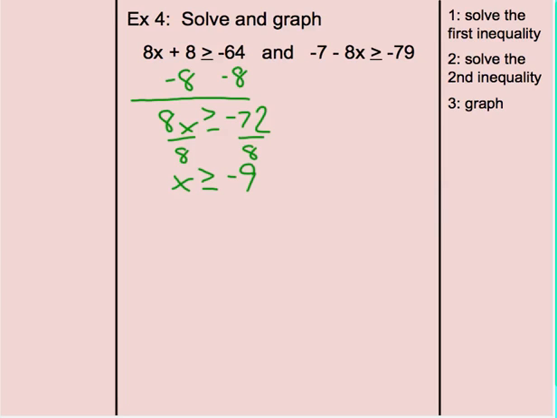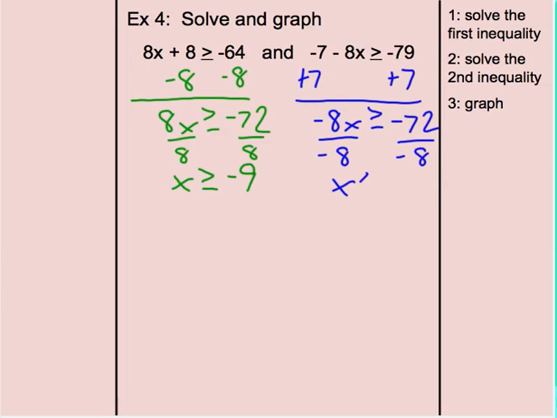Solving my second inequality, adding 7 to both sides, I get negative 8x is greater than or equal to negative 72. Dividing both sides by negative 8, so this time my inequality will flip, I get positive 9.